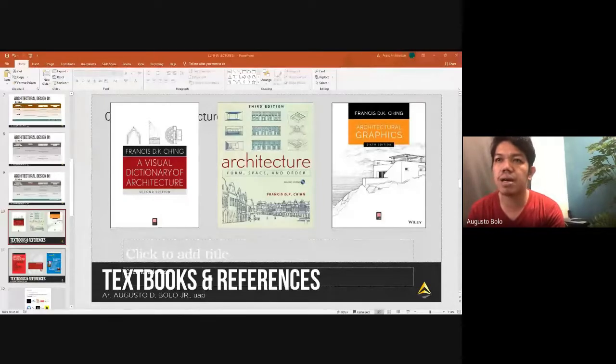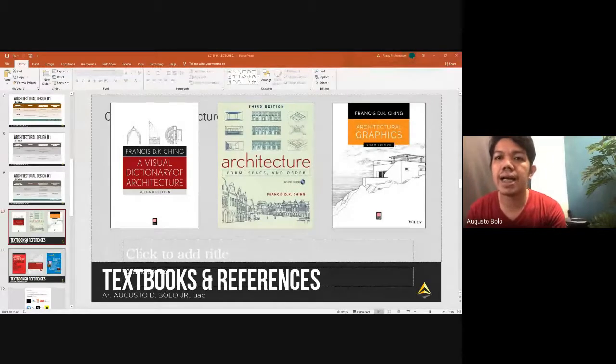I think may mga website na nag-a-allow ng downloadable PDF. For those who would like to have a copy, you can search anything about Francis D. K. Ching's book in architecture. Ang gandang references nun. You can use that one kahit fifth year na kayo or kahit architects na kayo.